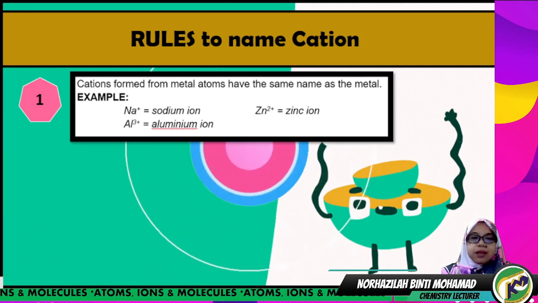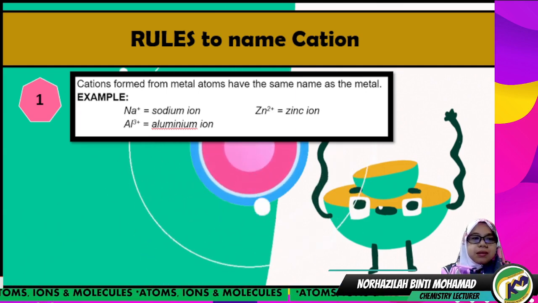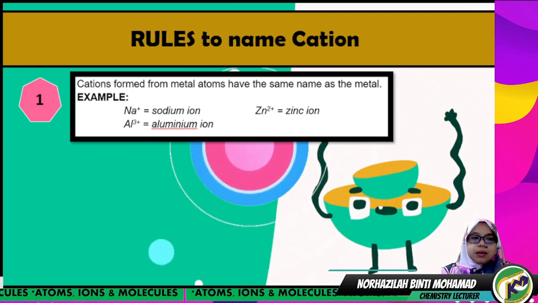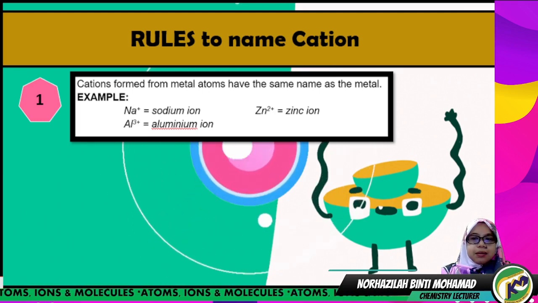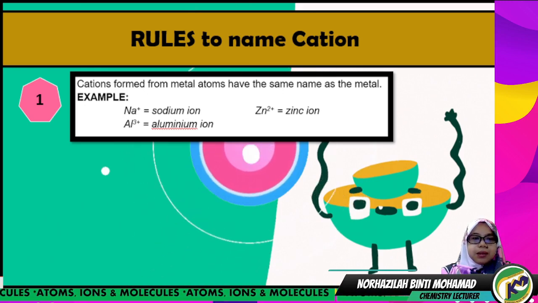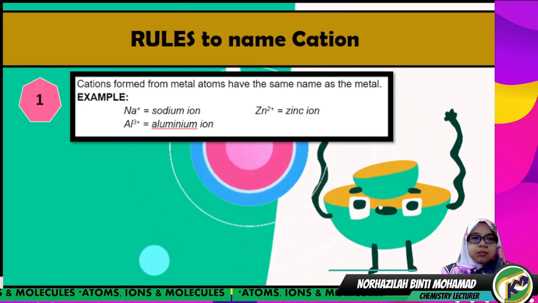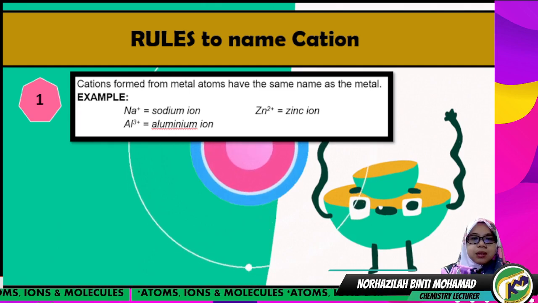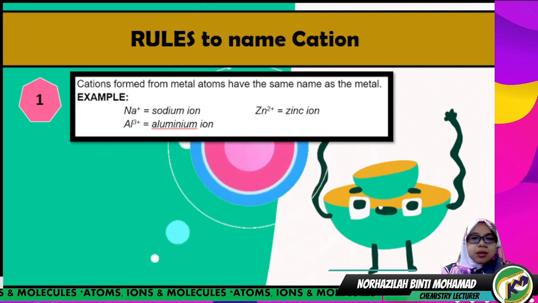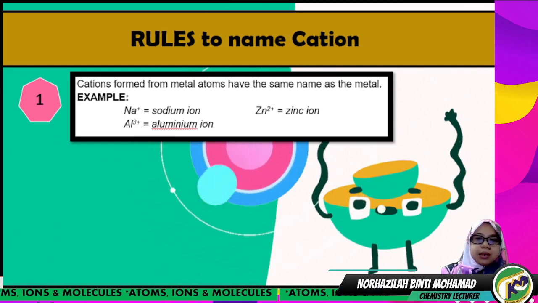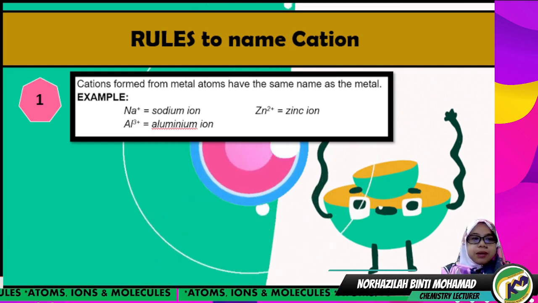So we have three types of metal. First is the alkaline metal, which is in group 1, then group 2 elements, group 3, some of the group 13 elements, and the transition metal that is in the middle of our periodic table.